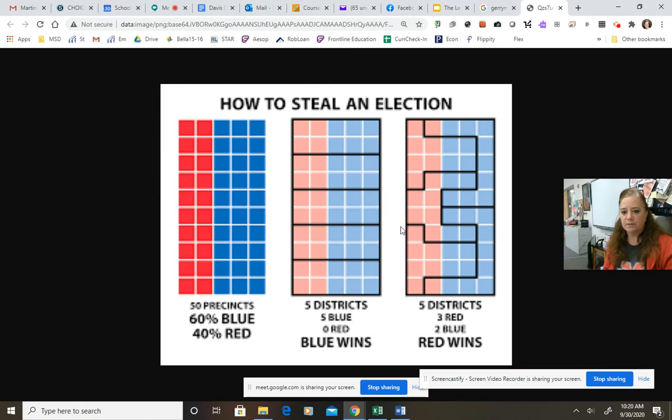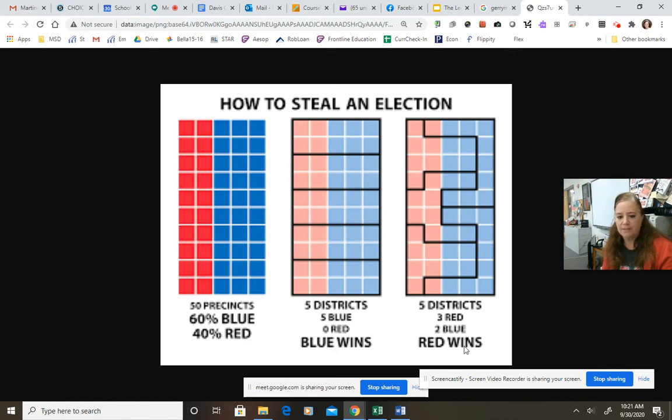States will do something that looks like this. And what this does is, even though there are fewer red voters in the state, when it's districted like this, you can see there's still 5 districts, but 3 of them are majority red and only 2 of them are majority blue.